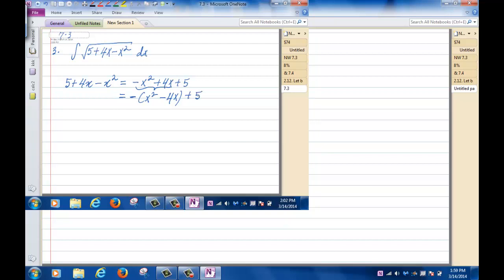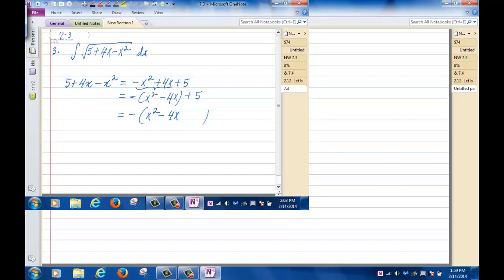So my goal would be to complete the square. In order to do that, in the parenthesis, I am going to write down x squared minus 4x again, but then I am going to add a number so that I can complete the square.